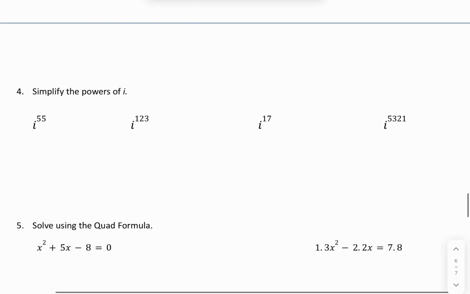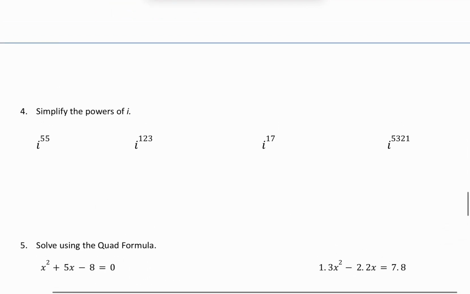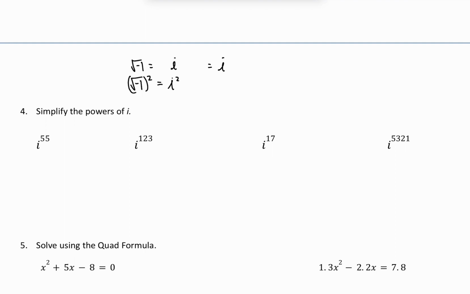And with the powers of i on the next page, we have to remember that the square root of -1 is i, so i is equal to i. So i squared will be the square root of -1 squared, which is just going to be equal to -1.